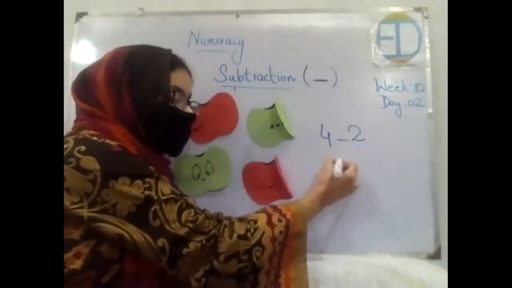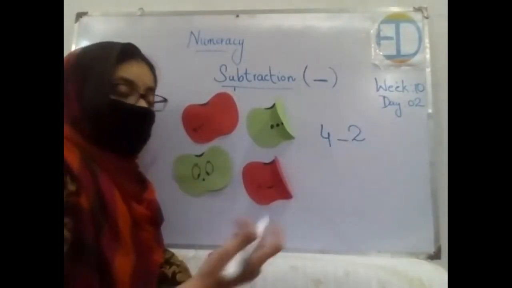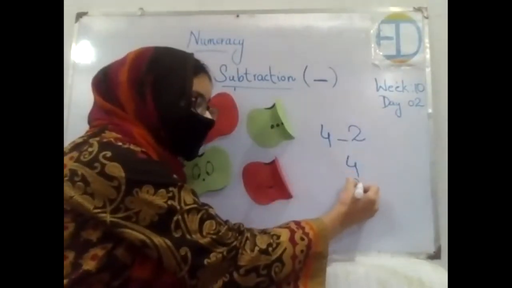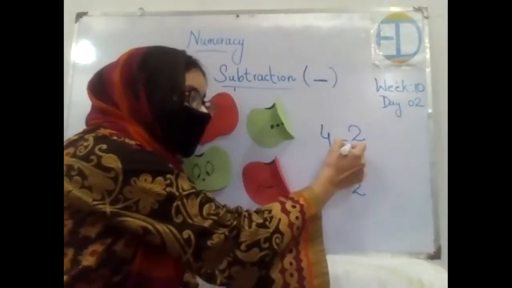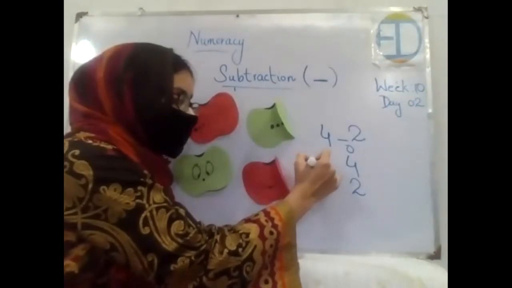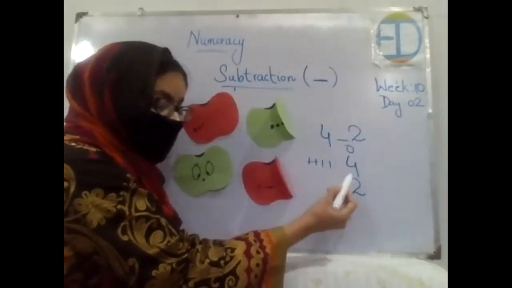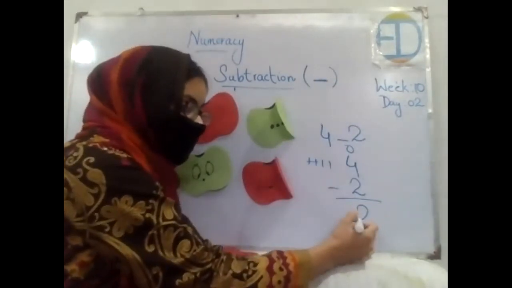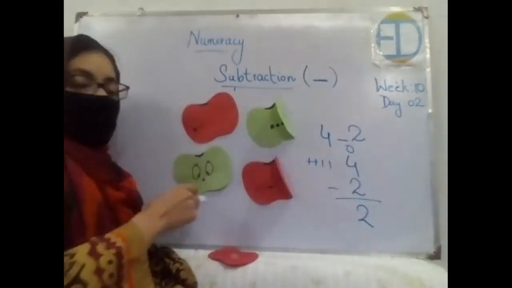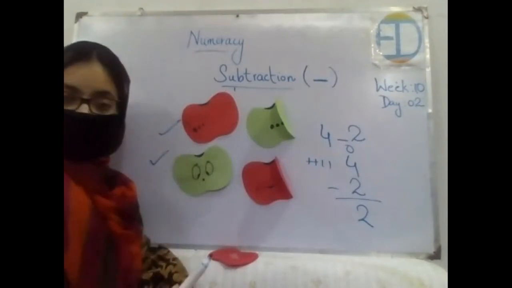So 4 minus 2. And what would be the procedure? The procedure is the same that we have followed in addition as well. First we write the numbers in vertical order, then we write the place values, and then we subtract. So draw the 4 lines. 4. How many are we supposed to minus? 2. So 4 minus 2, answer 2. This means that you are left with 2 apples. 1 and 2.